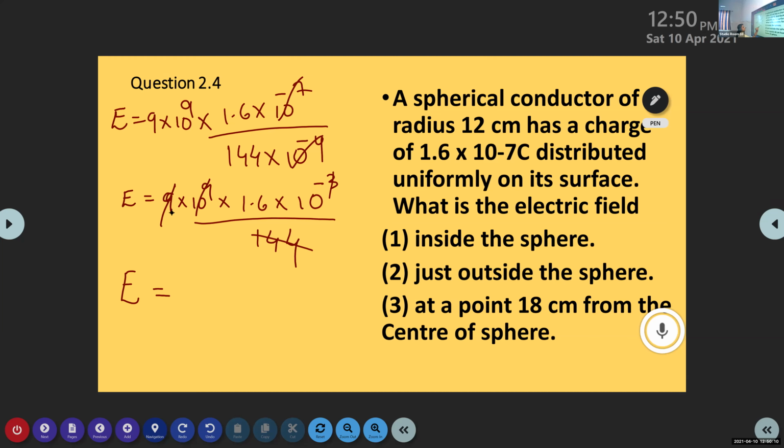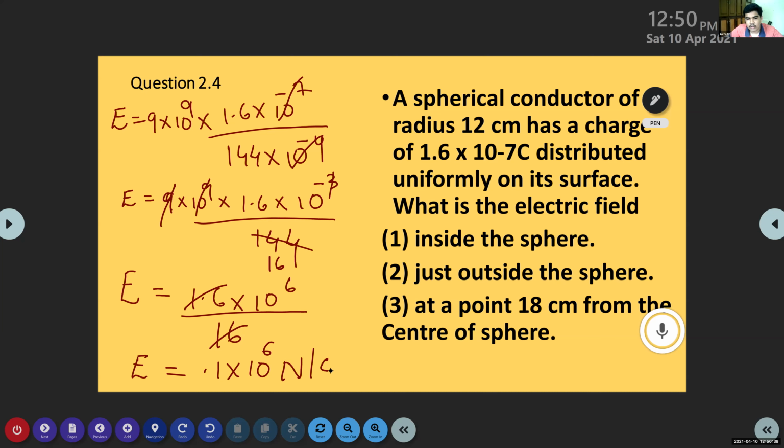9 is cut by 144 by 16. So it becomes 1.6 into 10 raised to 6 divided by 16, right? Yes, ma'am. So E is equal to 0.1 into 10 raised to 6 Newton per Coulomb.